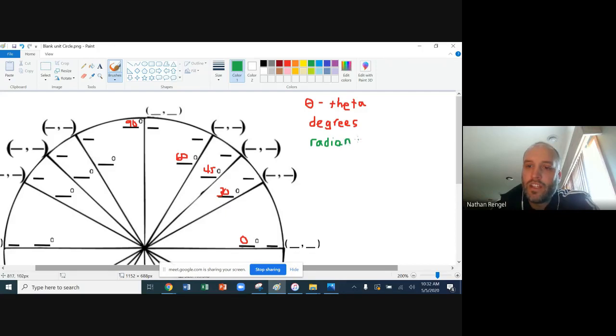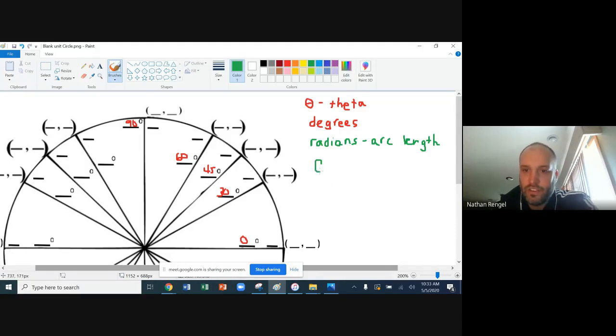So radians are looking at the arc length of your circle, and that's what we're using to represent the angle measures. So we're using that arc length to do that. And one thing we need to know about a circle is how to find its circumference.